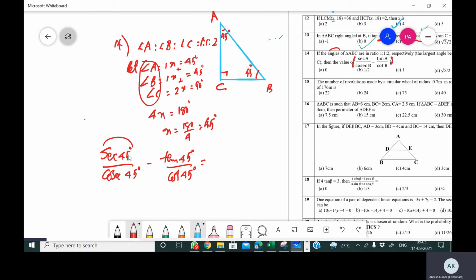Sec 45 is the reciprocal of cos 45. Cos 45 is 1 by root 2, so sec 45 is root 2. Cosec 45 is the reciprocal of sin 45. It is also 1 by root 2, so its reciprocal is root 2. Tan 45 is 1. Cot 45 is the reciprocal of tan 45, it is also 1. So root 2 gets cancelled. It is 1 minus 1, it is 0.